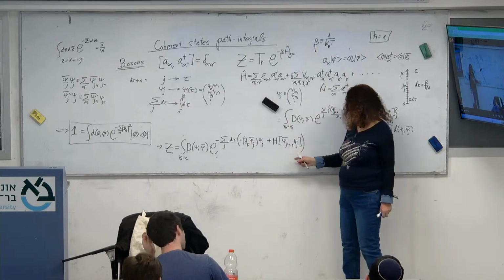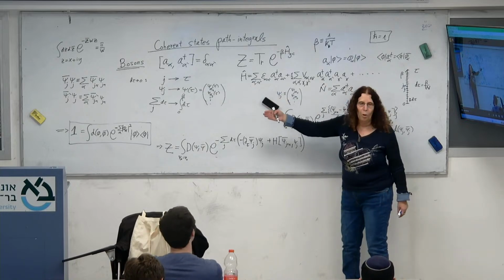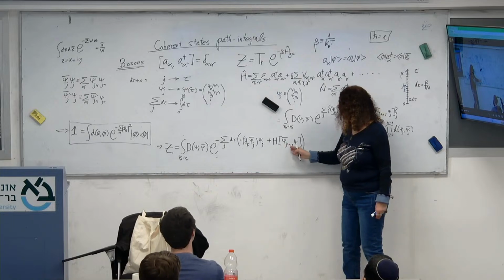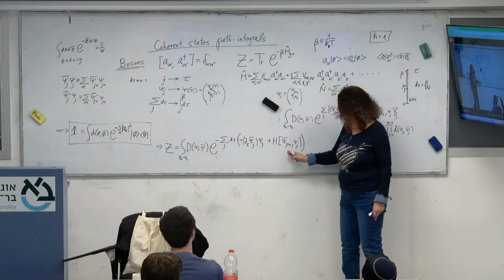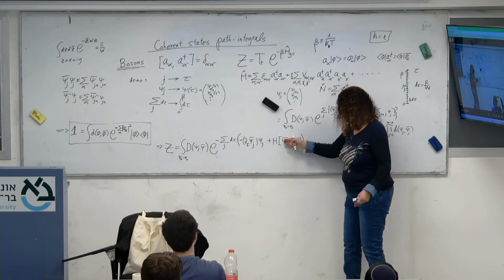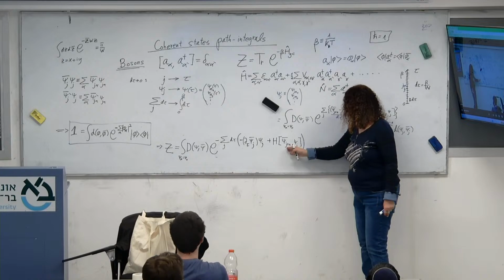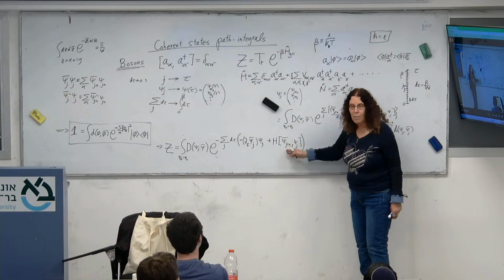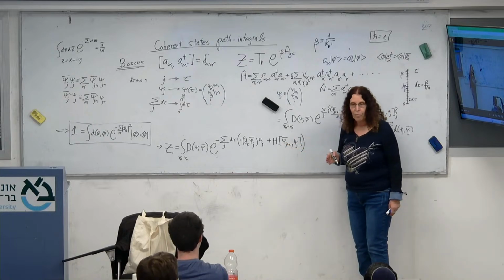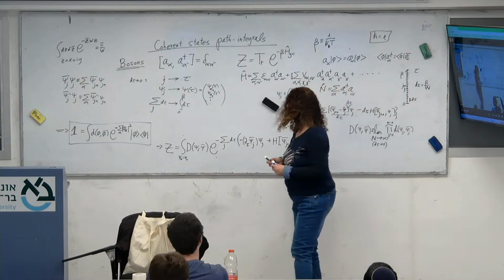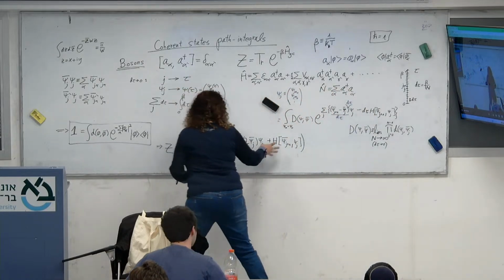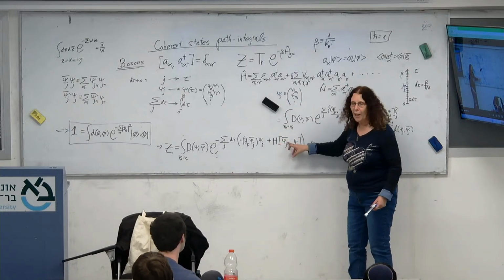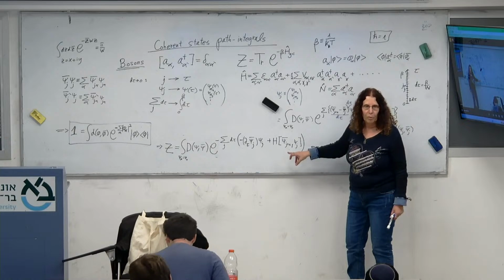In the limit that j is a continuum, and j plus 1 are very close, if I have a function local in time, I can basically replace psi bar j plus 1 by psi bar j. So that's a continuum approximation. And therefore, this is just going to be a local expression which depends on the field psi of tau.